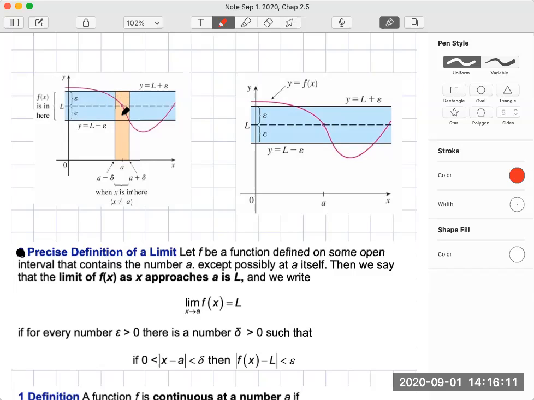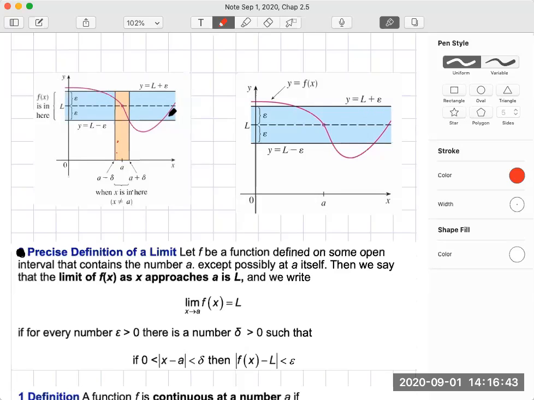For any arbitrarily small value epsilon, we will always be able to find the delta, which depends on this epsilon, and make sure that f evaluated at the points x in this range will always be smaller than L plus epsilon and larger than L minus epsilon.